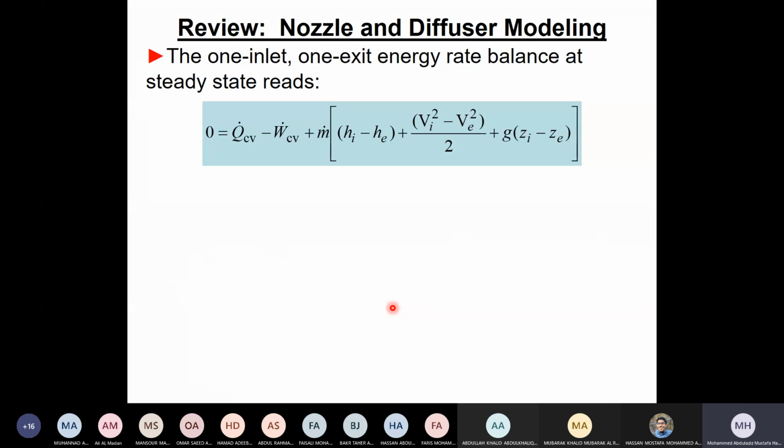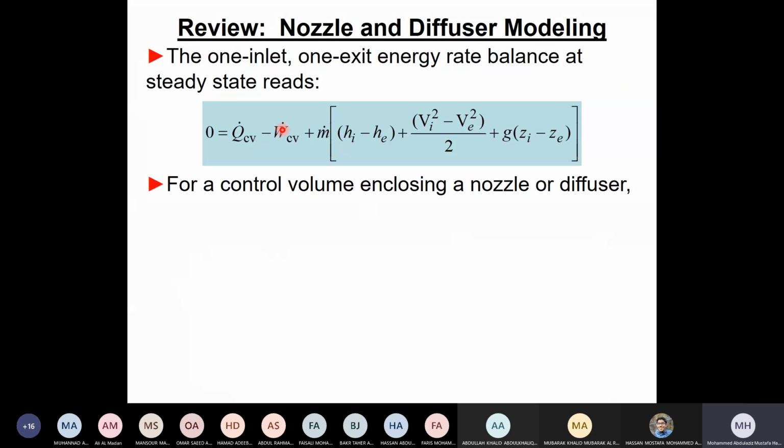Okay. When we talk about the nozzle and diffuser, this is the general equation for any steady state. Steady state means that the rate of increase of energy is 0, and then Q minus W plus this term. Now for a diffuser or a nozzle, we do not have any work. We do not have heat addition, and also the size of it is not much, so we can neglect this part.